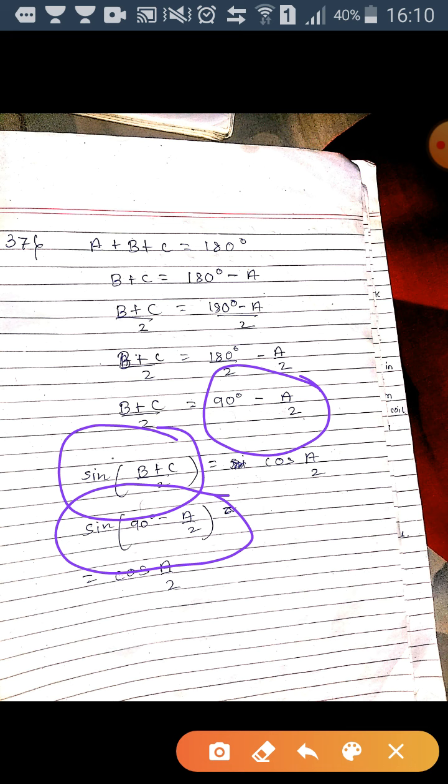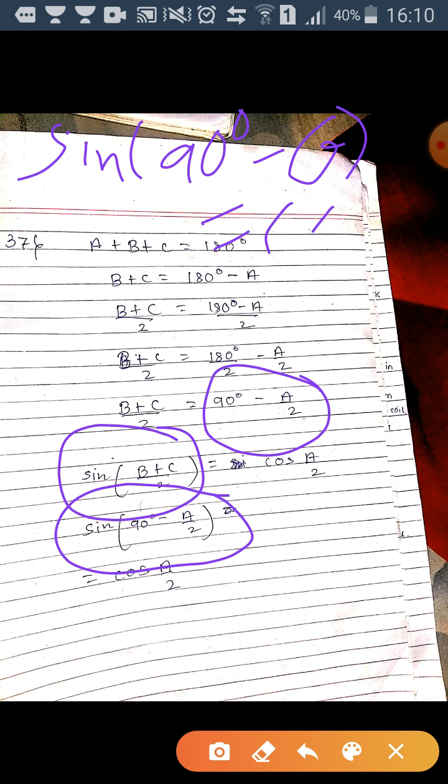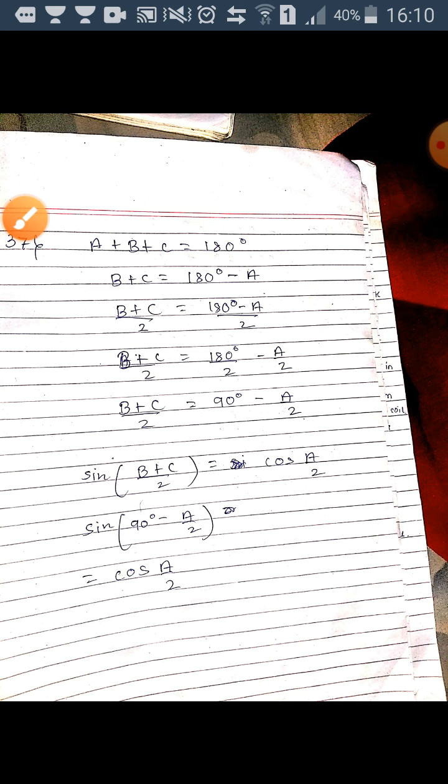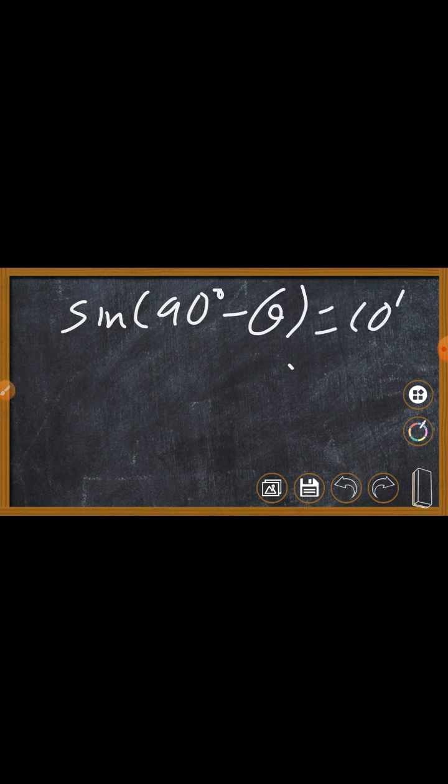And you had studied three relations in class 9, that sine (90 degree minus theta) is equal to cos theta. Wait, let me write it down on the blackboard. Sine (90 degree minus theta) is equal to cos theta.